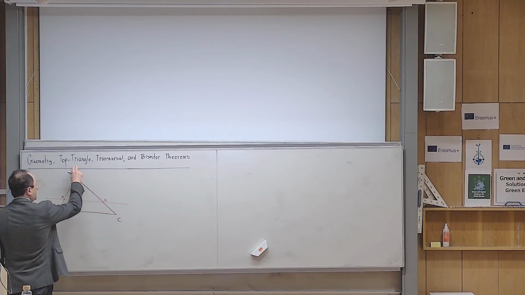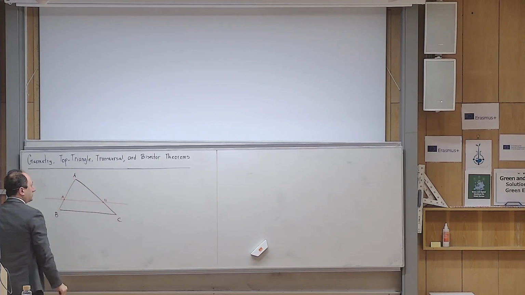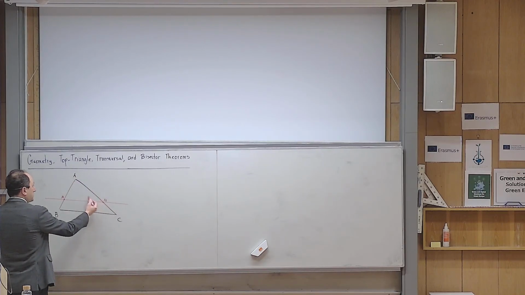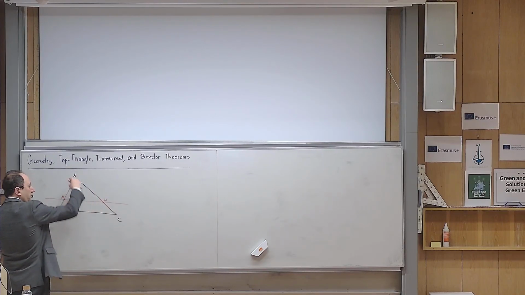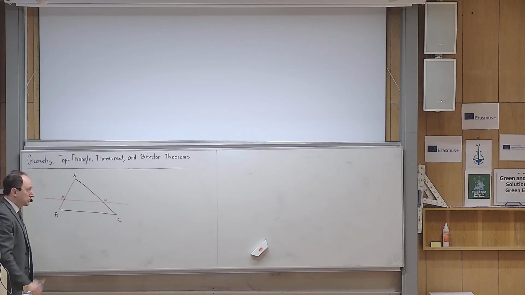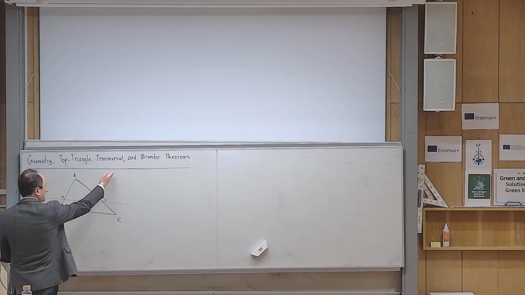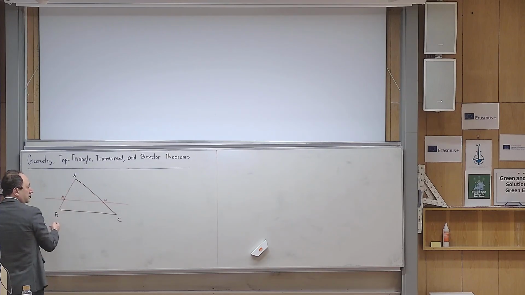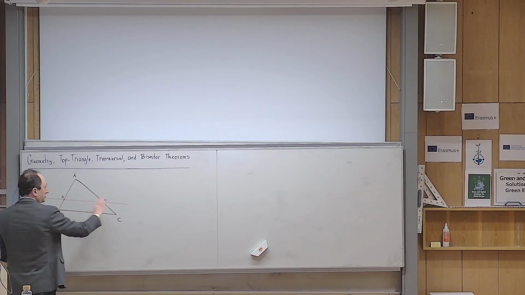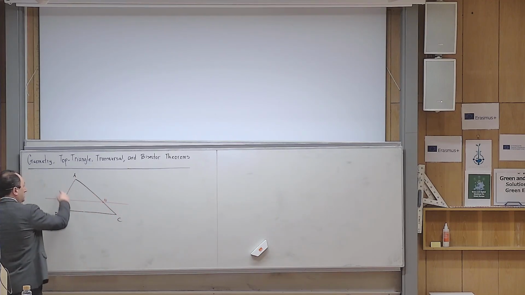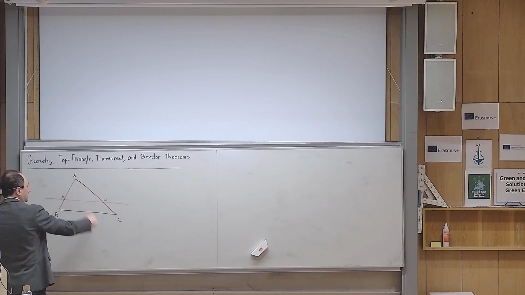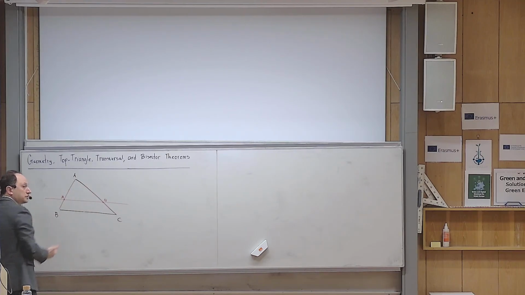The reason they call it top triangle theorem is because it makes a triangle on top of this line. But it doesn't matter, I can draw this line parallel to that one, and then I make a triangle on the right side, or I can draw a line parallel to this side, and I make a triangle on the left side.